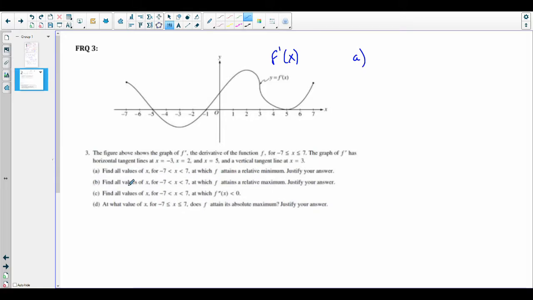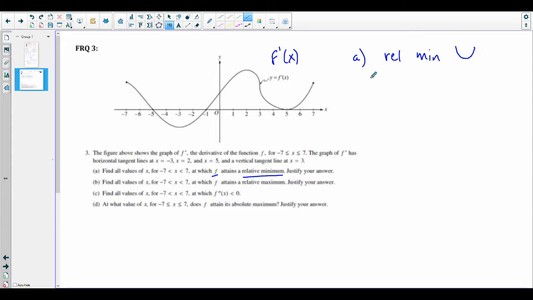I want to find all values where f attains a relative minimum. So remember, a relative minimum is going to be some sort of turning point, like the bottom of a valley, right?